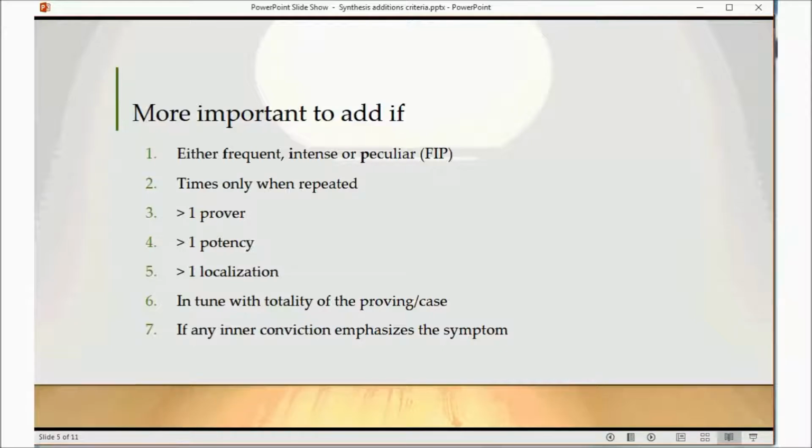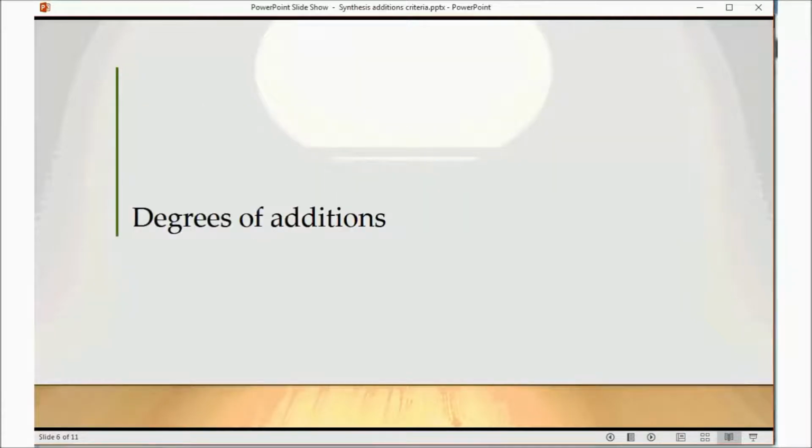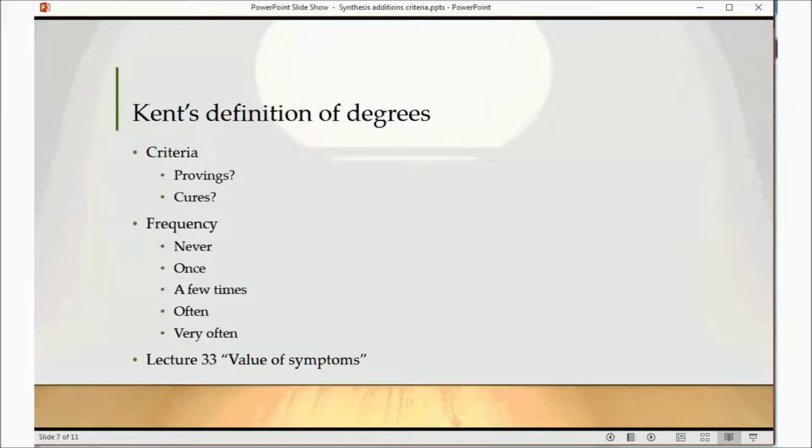Now, the most important issue for additions is almost about the degrees. And when we go to Kent in lecture 33, he sets out the criteria of provings and cures. And basically, the more provings and cures we have, the higher the degree in the repertory should be.